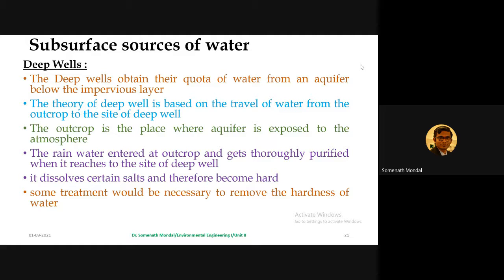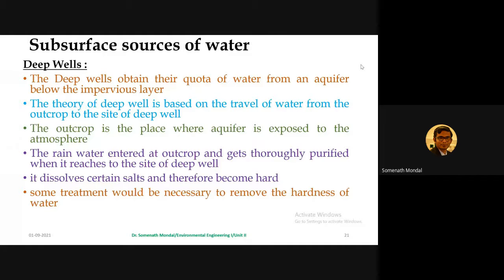That is a main problem with any groundwater. While traveling from that point to the deep well site, it can contain some forms of salts which increase the hardness of the water. In such cases, we need pressure treatment to remove the hardness which we have discussed previously.